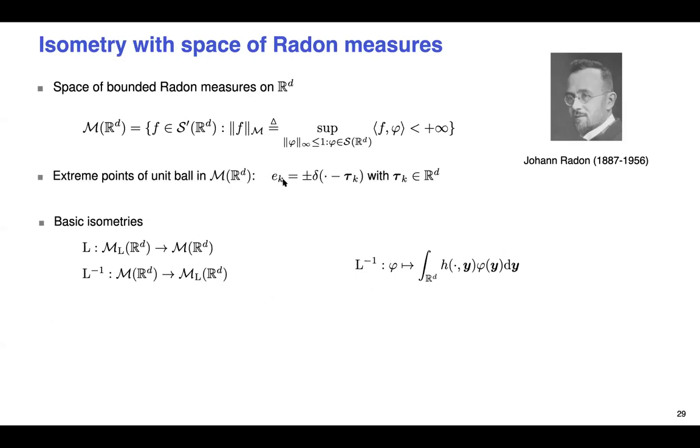So that means that we can now map the extreme points of M. And now what's very interesting, and I think Vincent Duval and co-authors know this very well, is that the extreme points of the space of bounded measures are actually Diracs, plus or minus. So I can, in fact, map those Diracs via the inverse operator and get these guys here. Okay, so it's Diracs at any position.